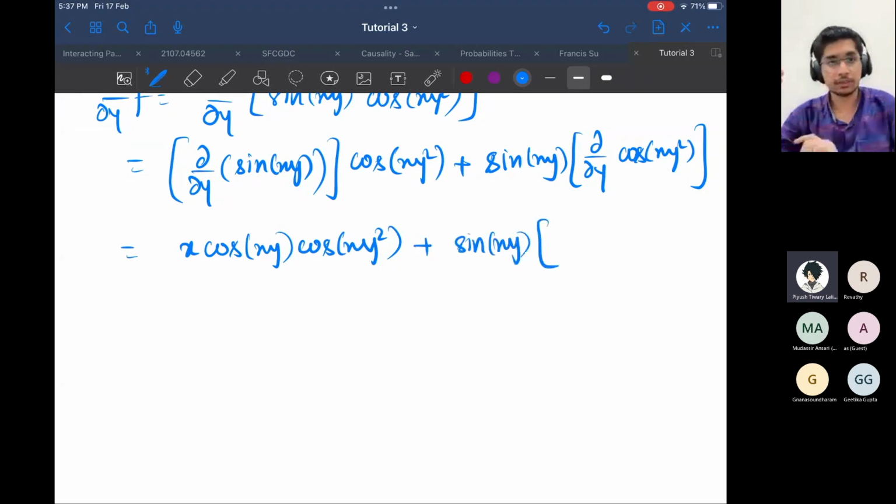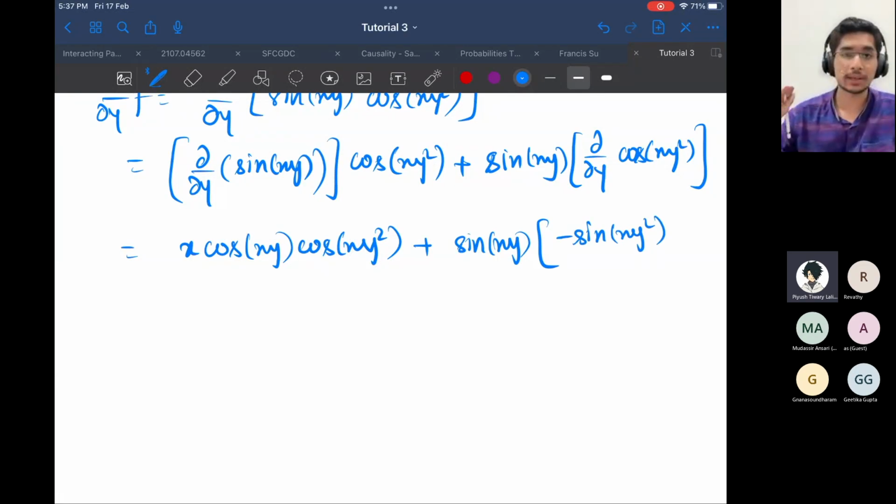So what will be the differentiation of cos xy square with respect to y? So we remember that differentiation of cos is what? Sine. So sine will be here. Now I have to differentiate xy square with respect to y. So just remember that x is a constant. So x will act as a constant. I don't have to do anything with x. Now I have y square. So xy square.